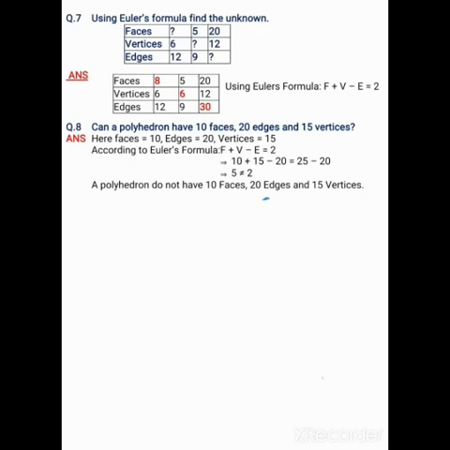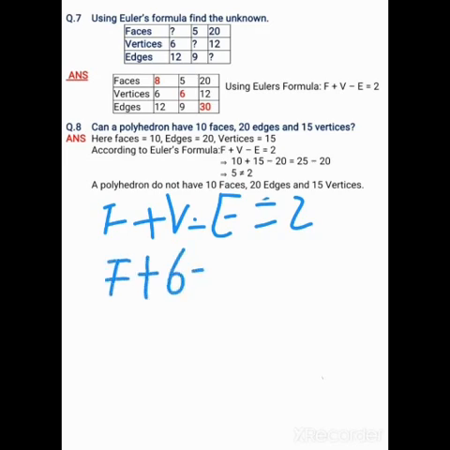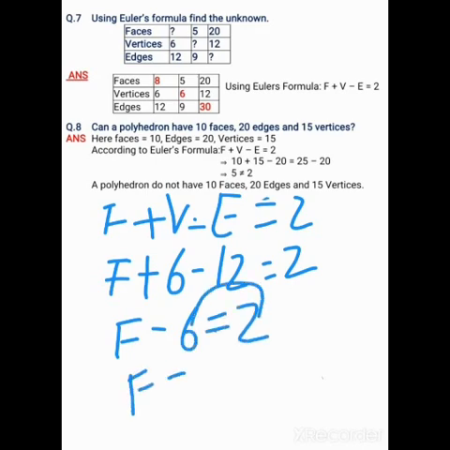In the first one, F is not given, so F plus 6 minus 12 equal to 2. 12 is greater than 6, so F minus 6 equal to 2, 6 goes to that side, so F equal to 2 plus 6 equal to 8. So our faces is equal to 8.